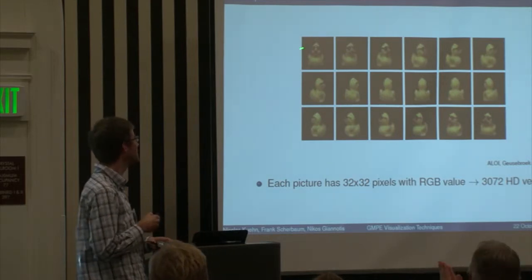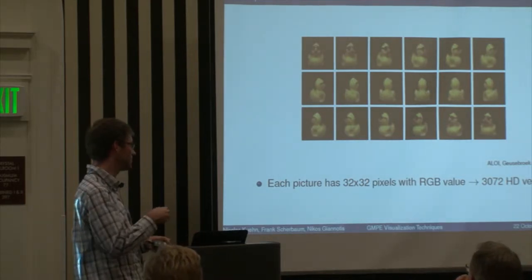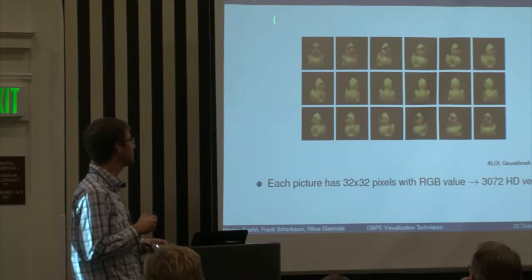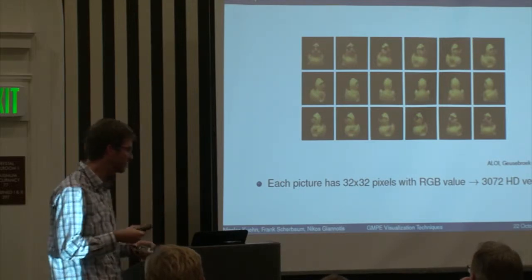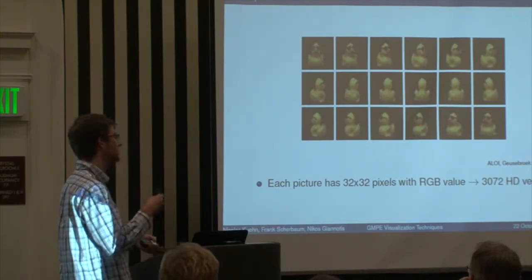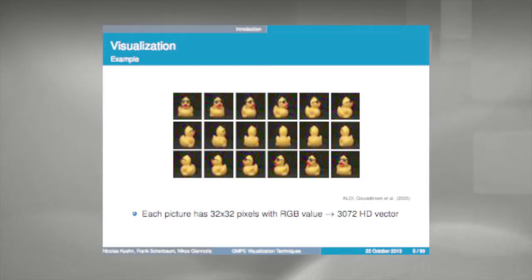Basically, this is a 32 times 32 pixel image, and each pixel has a red, green, and blue value. This means in each picture there are 3072 numerical values, so this is 32 times 32 times 3.